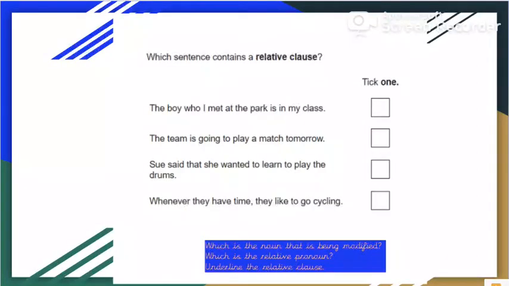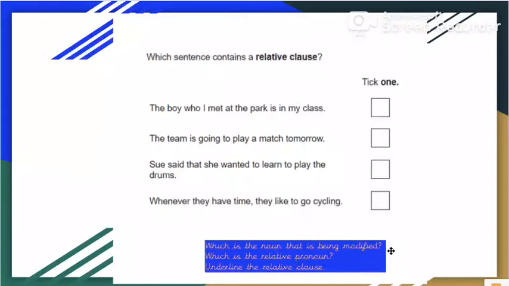So let's have a little look here, see if we can answer this question. Which sentence contains a relative clause? So the boy who I met at the park is in my class. The team is going to play a match tomorrow. Sue said that she wanted to learn to play the drums, and whenever they have time, they like to go cycling. So these little questions here at the bottom are going to help you answer the question.